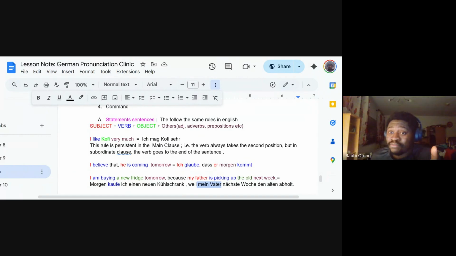But when you are writing, just learn the right way: weil mein Vater. So with the subordinate clause, we go back to subject, object, verb, which is fixed. You can't say weil nächste Woche. The flexibility in the main clause is not the same in the subordinate clause.